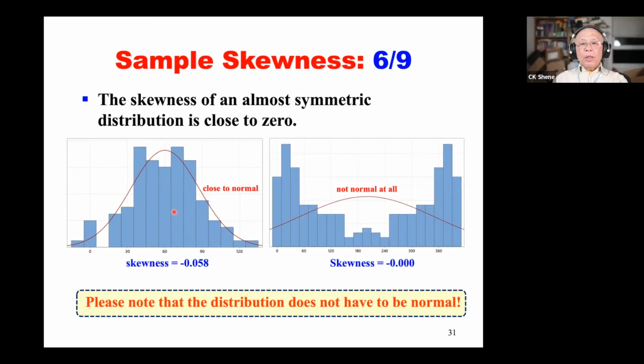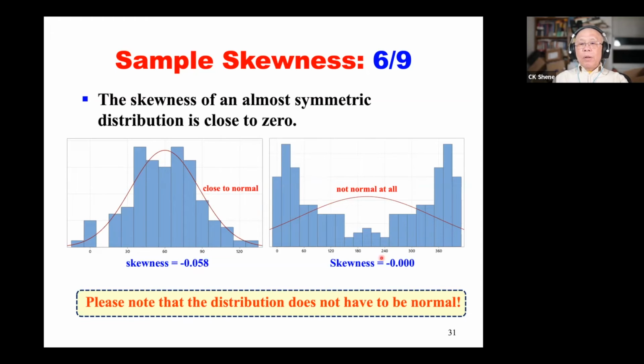This is almost symmetric and very close to the normal distribution. The black line here is the normal distribution. And this skewness value is negative 0.058. In general, this is small. Now, this is the second distribution. It's perfectly symmetric, and the skewness value is nearly 0.